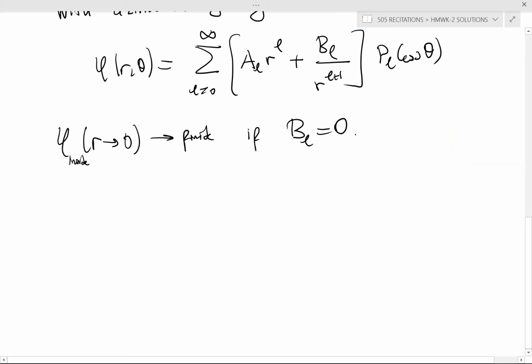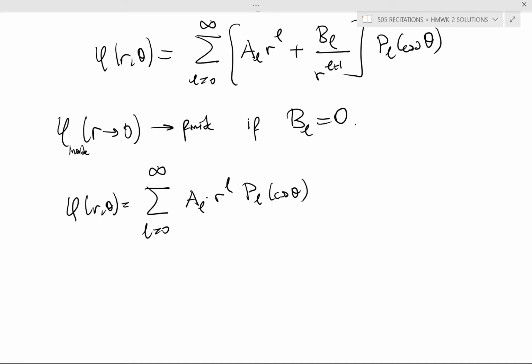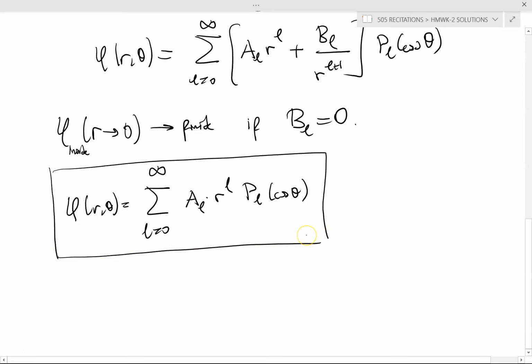So if B_L is zero, psi(r, theta) is now in the form of the following: sum over L from L0 to infinity of A_L r to the power of L P_L cosine theta.